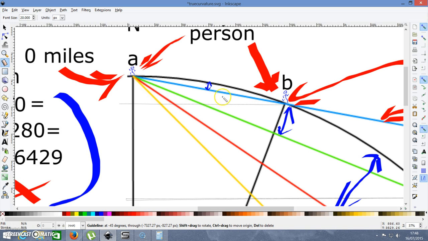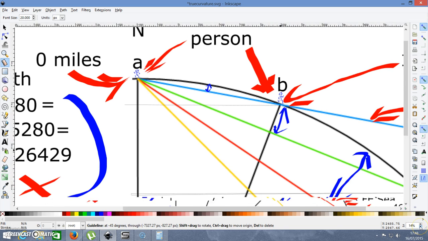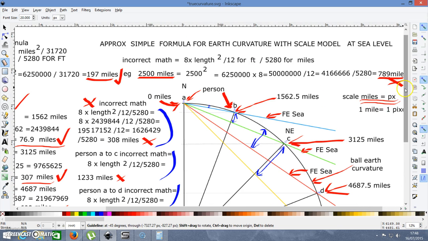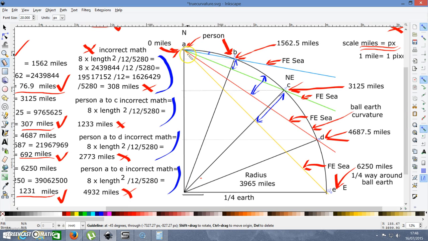The curvature of the Earth is represented by this curve, obviously, and this would be a flat Earth plane, or flat Earth sea, they call it. So the distance we're interested in would be the measurement between sea level here and the height of the curve. And this is the same for all of these distances.